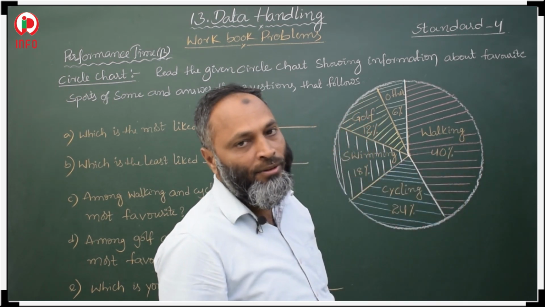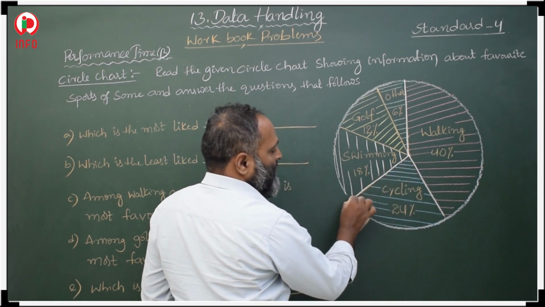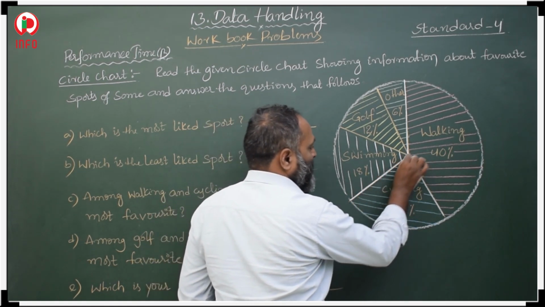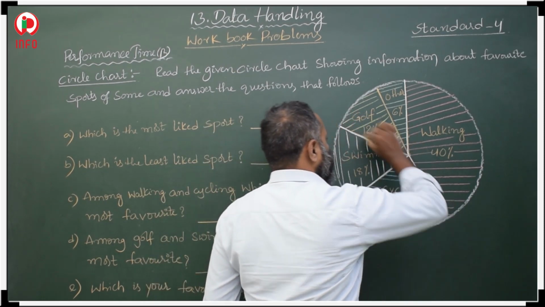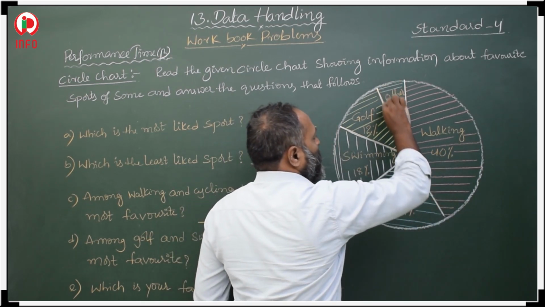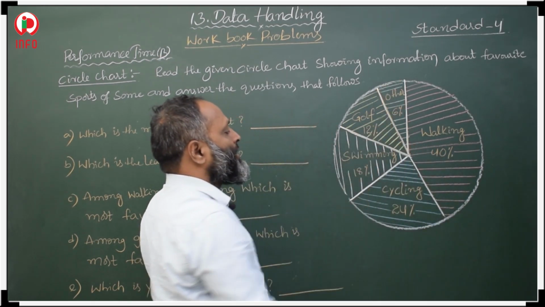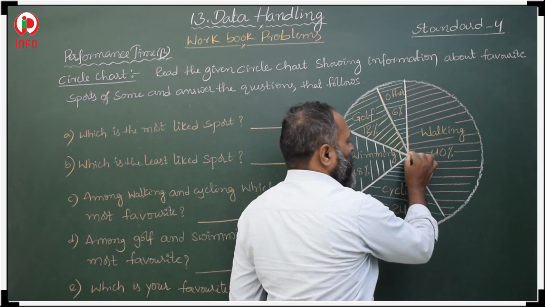Cycling is 24%, swimming is 18%, golf is 12% and others is 6%.